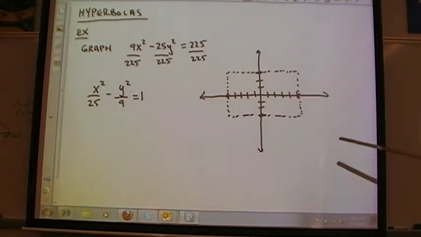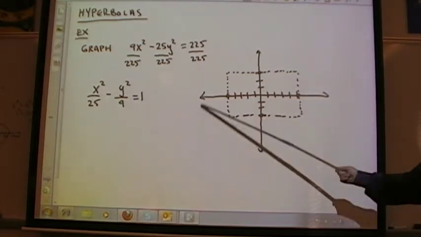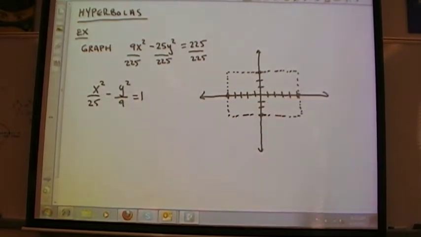The asymptotes are lines going through the corners of the box. We'll get to labeling them in a second, so right now just draw them. We draw a diagonal line through each corner, because that tells us how wide we need to open our curves.